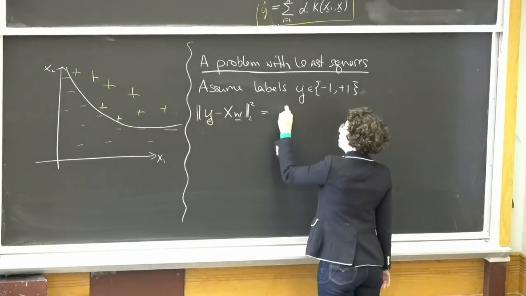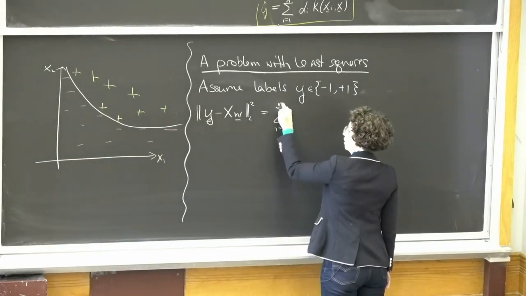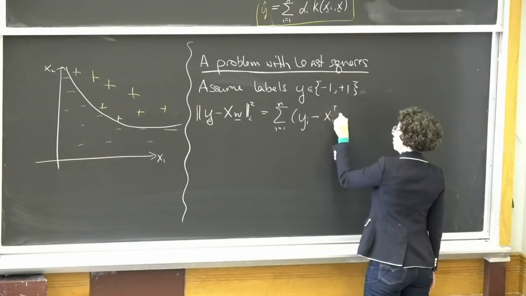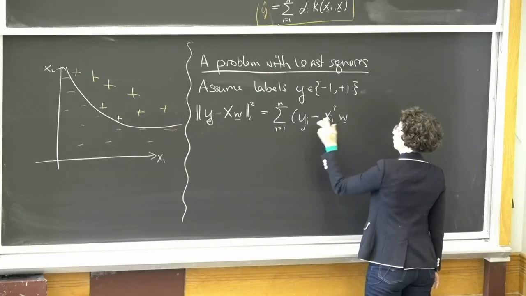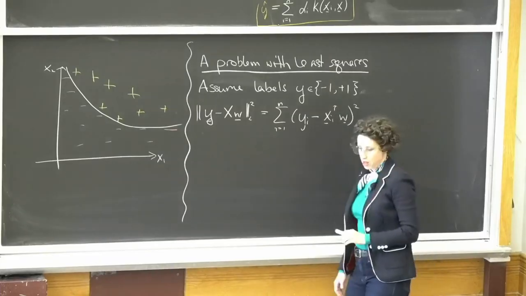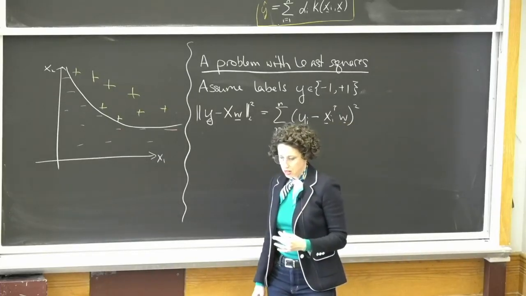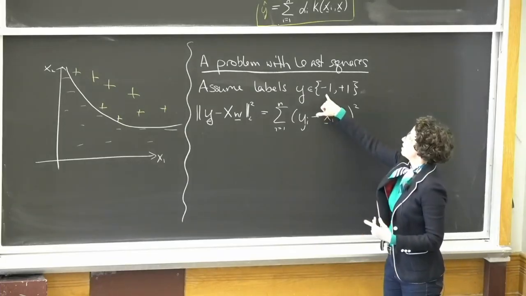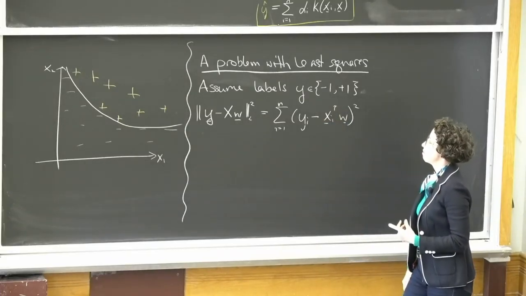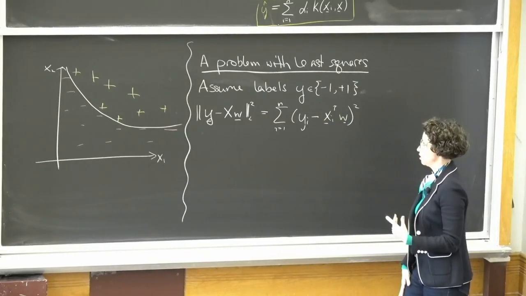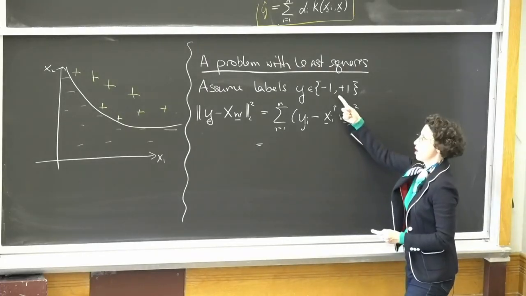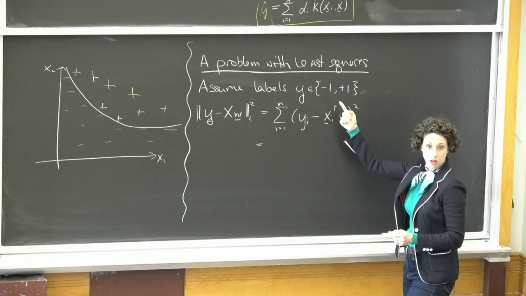This is going to be the sum from i equals 1 to n, (yi minus xi transpose w) squared. But now I can rewrite this somewhat differently in the setting where my y's are only +1s or -1s, because yi squared is always going to be 1.